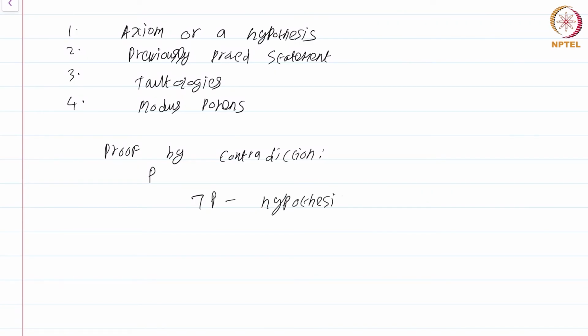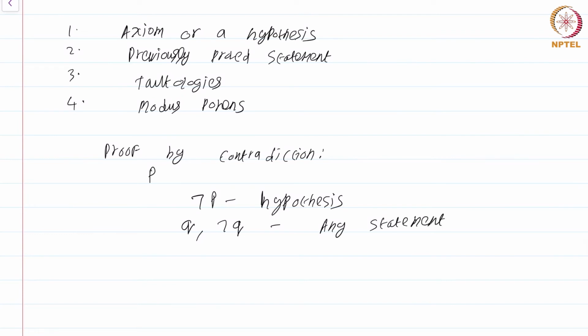In essence, you are assuming that negation P is true. When you write down a proof, in each of those steps where you are allowed to use a hypothesis, you can use negation P also in its place. And your aim is to prove both statement Q and statement negation Q, where Q could be any statement.